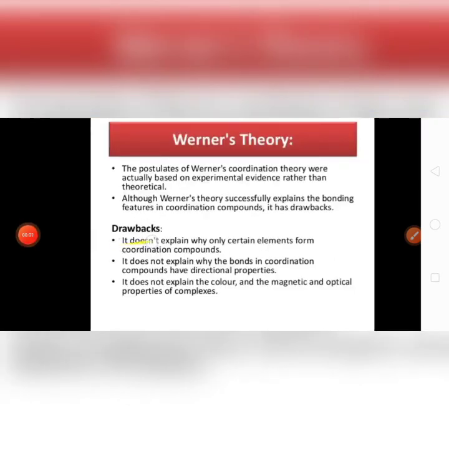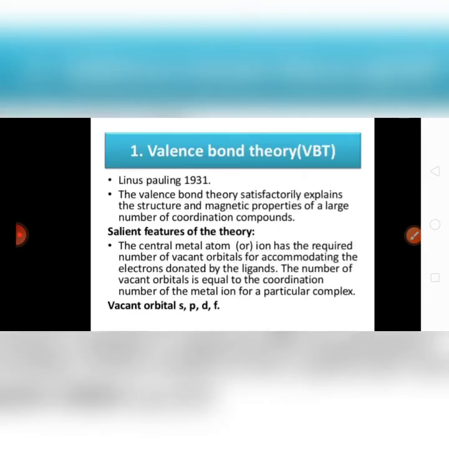Because of all these limitations of Werner's theory, a new theory of coordination compounds was proposed, which was the valence bond theory, in short termed as VBT. This theory was proposed in 1931, and it explains the structure and the magnetic properties of a large number of coordination compounds. According to valence bond theory, the central metal atom has the required number of vacant orbitals for accommodation of the electrons donated by the ligands, as we have discussed earlier.